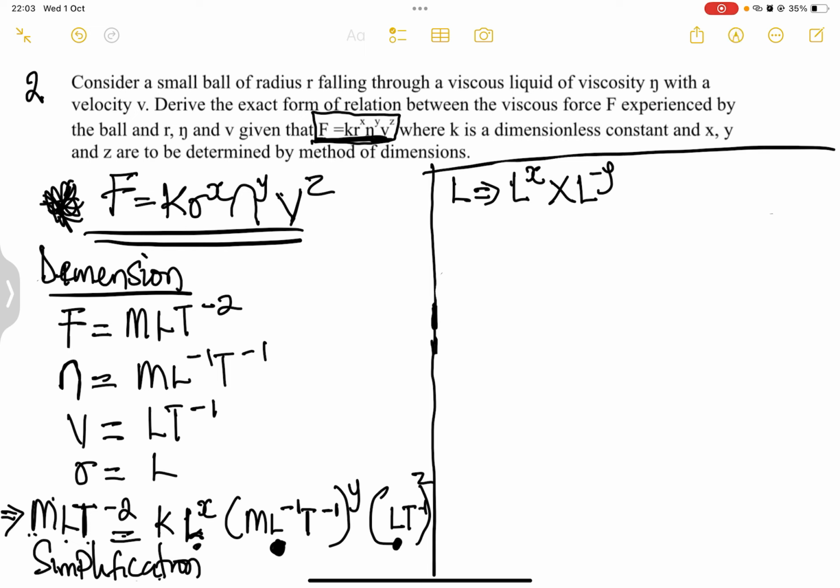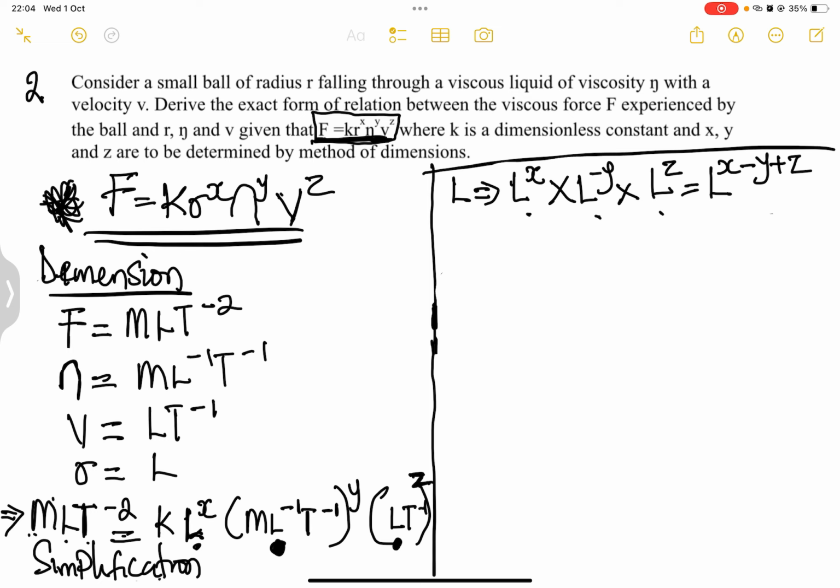L raised to power 1 times Z is Z. So we'll have times L raised to power Z. So at the end of the day, when you multiply all the bases, the laws of indices will tell us that you have L raised to power X minus Y plus Z.